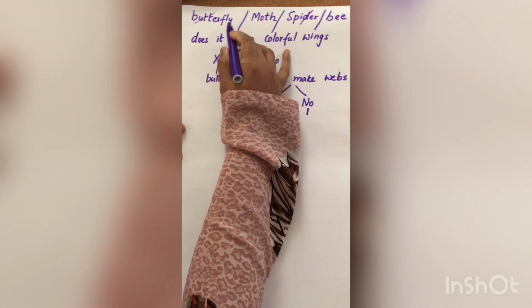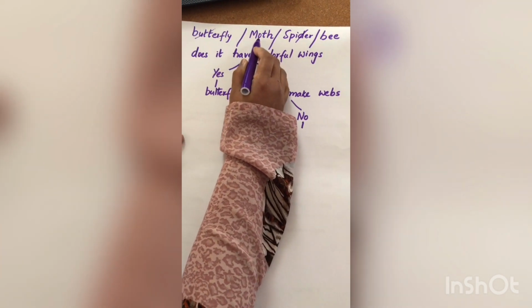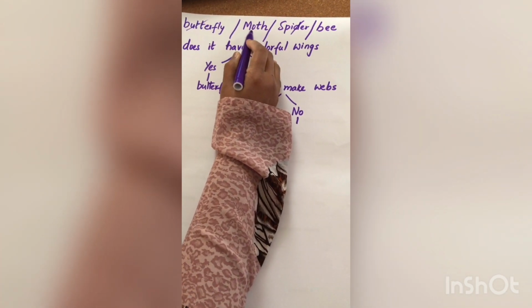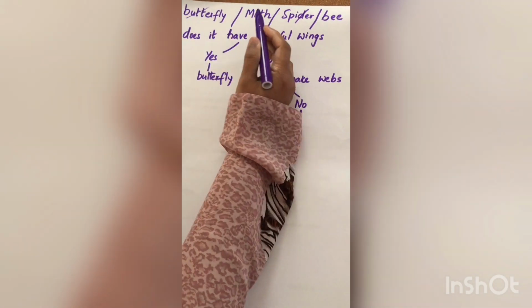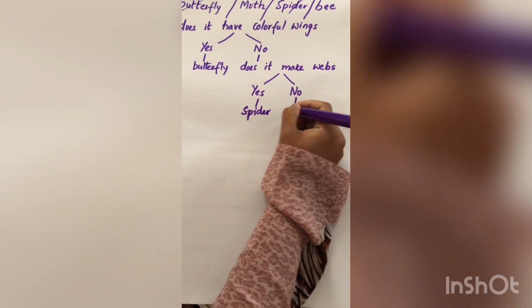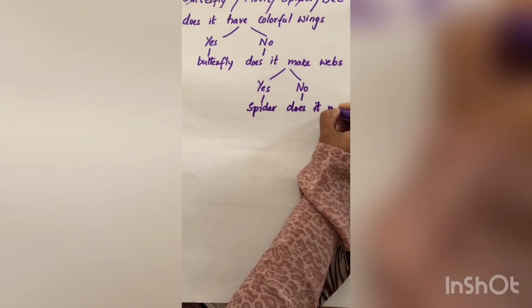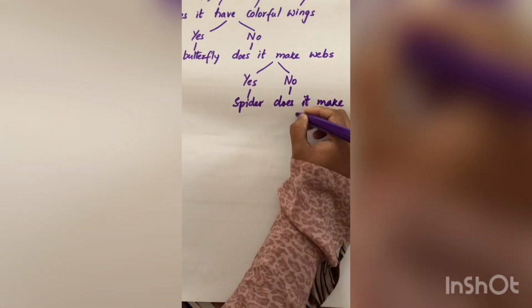Moth and butterfly, they belong to the same family, but the only difference is this has very dull colored wings and butterfly is very colorful. And for the bee, can we say, does it make honey?